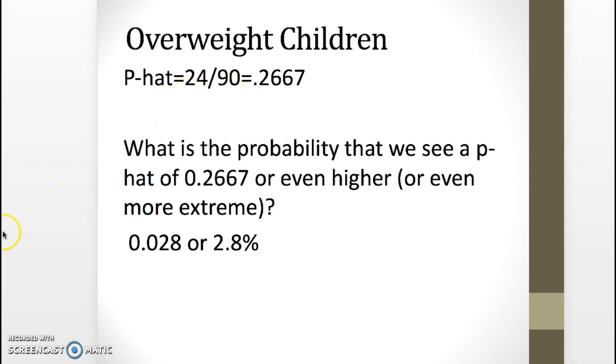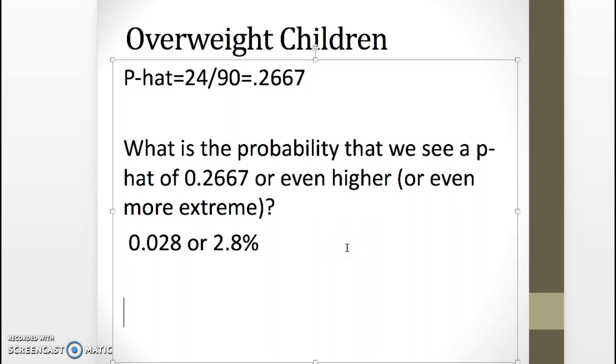So sometimes your interpretation or your answer to this question depends on your context. But what I would want to see you do is calculate the p-hat, calculate the probability of that number or even higher. In this case, looking to the right. If it was lower than your percentage, you would calculate less than. And then think about what that means.